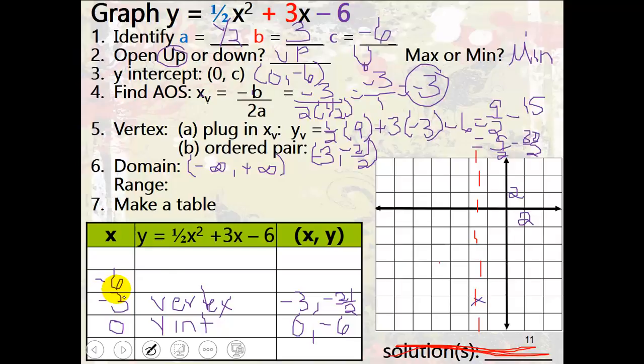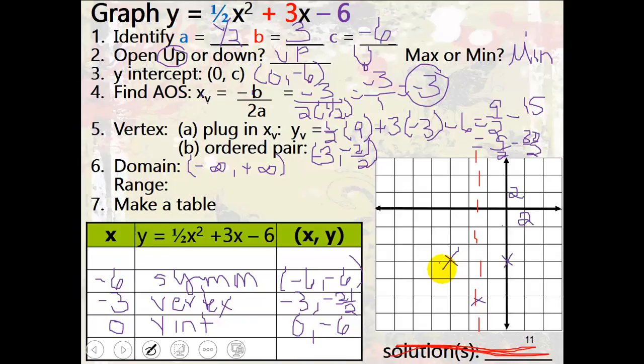So this is symmetry. So this is going to be negative 6, negative 6. So here I am, 0, negative 6. Here we go. And then negative 6, negative 6.